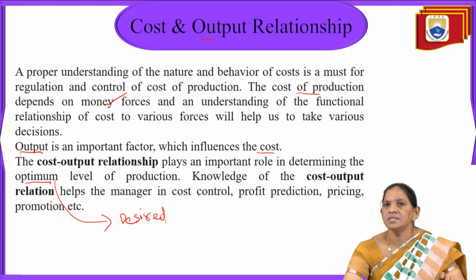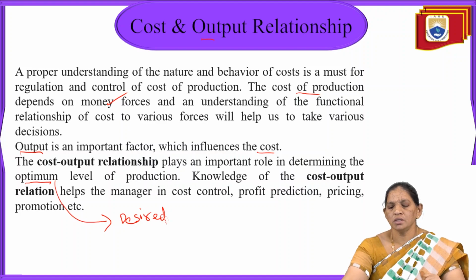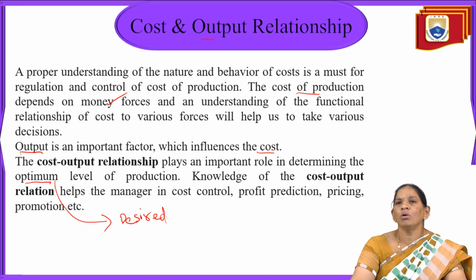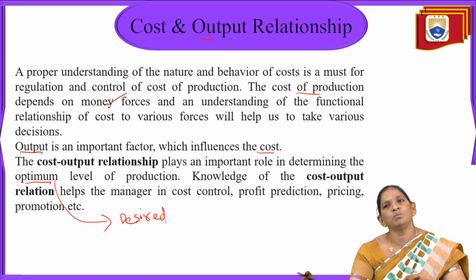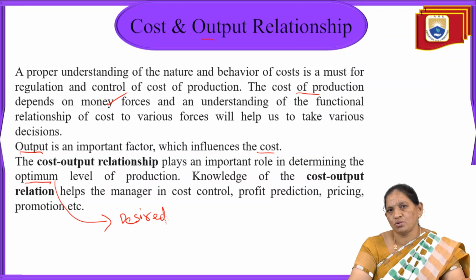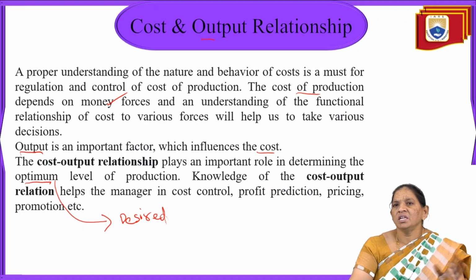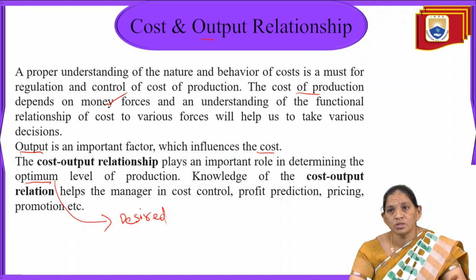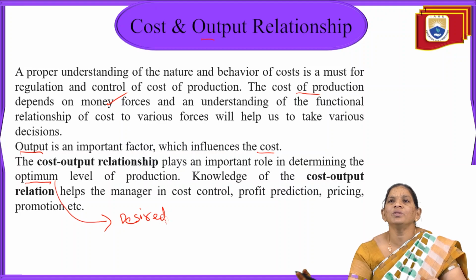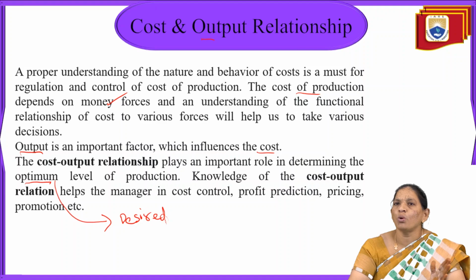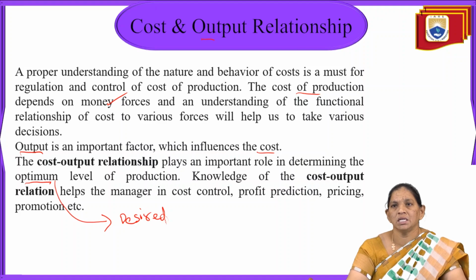For that desired output, the cost and output relation is very important, and in the same way, knowledge of cost, meaning at what type of output what sort of costs there are. Mainly we identify fixed cost and variable cost. How do they behave when output is increased, what is the pattern of fixed cost, what is the pattern of variable cost, at what level are these costs increasing?